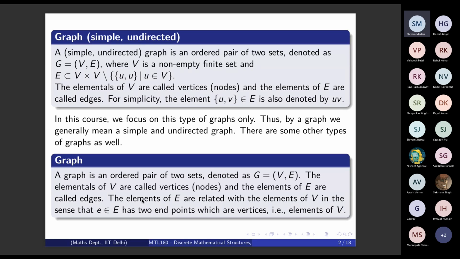The elements of E are related with the elements of V in the sense that an edge has two endpoints which are vertices, that is, elements of V. So it is just a collection of vertices and a collection of edges. Generally we write this graph in terms of pictures, and you will see some pictures as well.